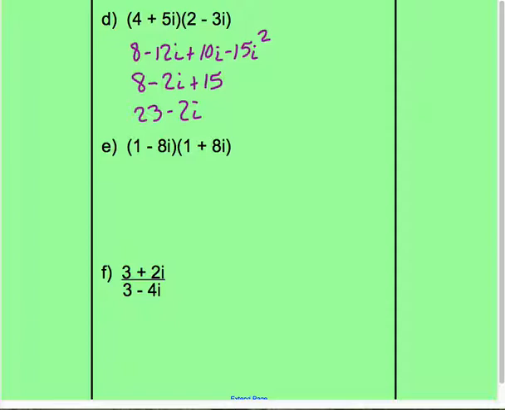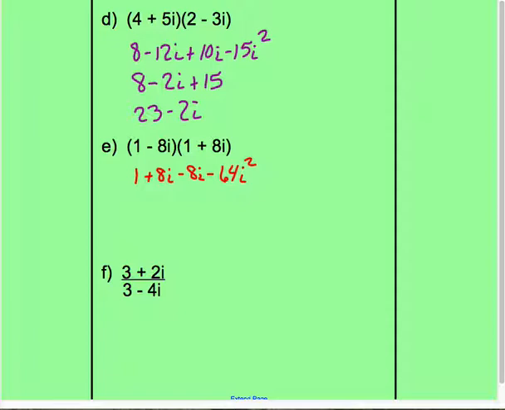The next one is an example of conjugates. So let's see what happens when we multiply imaginary conjugates. 1 times 1 gives us 1. 1 times 8i, negative 8i times 1, and negative 8i times positive 8i gives us negative 64i squared.